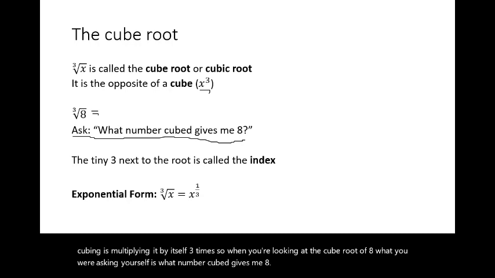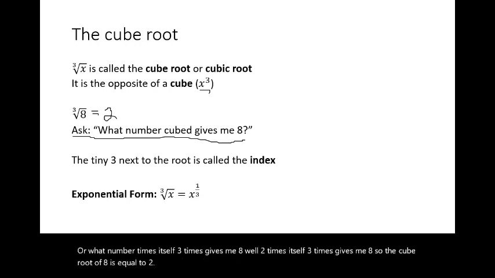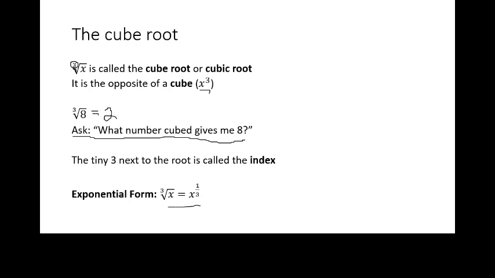Well, 2 times itself 3 times gives me 8, so the cube root of 8 is equal to 2. That little tiny 3 is called the index, and it tells you what type of root you have. Now, in exponential form, the cube root of x can be written as x to the power of 1/3.